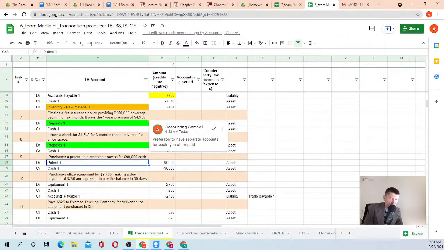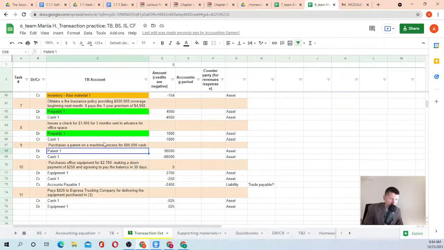By having a separate account for vendors, separate for prepaid insurance, separate for prepaid rent, it will be much easier to find the substance of that prepaid balance.